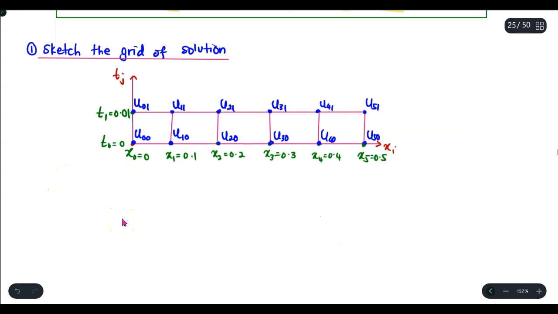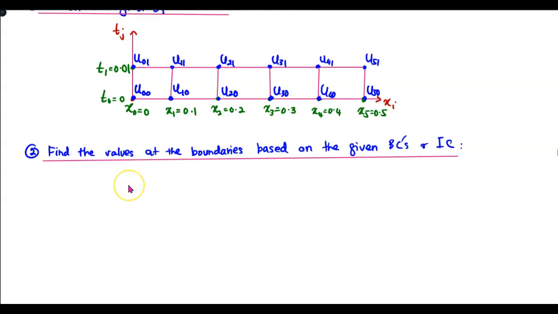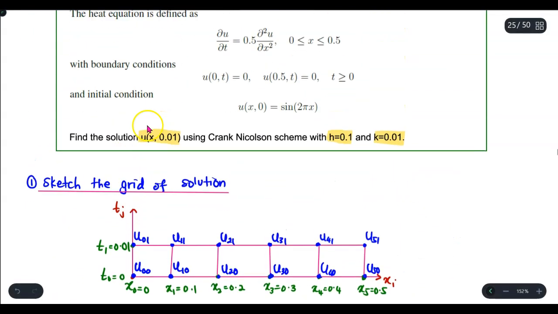Step number 2 is to consider the given boundary conditions, and find the initial solutions based on the boundary and initial conditions. Your first boundary condition is u(0,t) equal to 0 for t greater than or equal to 0.